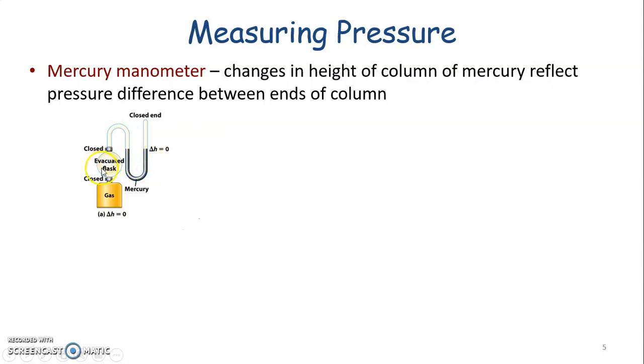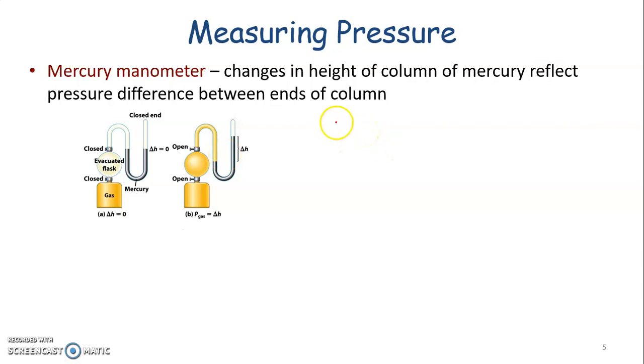And so if we have this evacuated and this evacuated, it's going to be 0. And now if we were to open this and fill this with gas, now that gas is going to press down on this side of the column of mercury, and the change in the height here is going to reflect the pressure. So this is called absolute pressure.